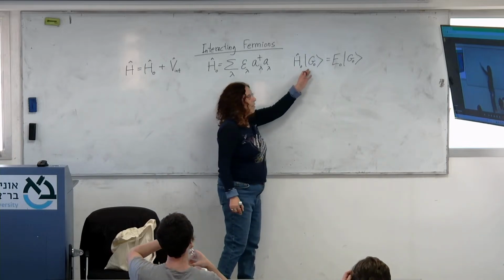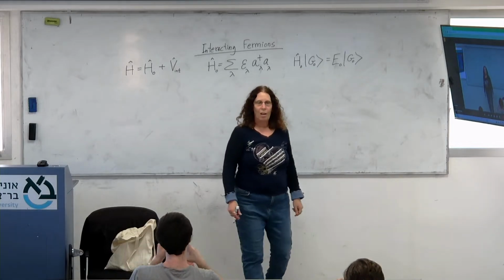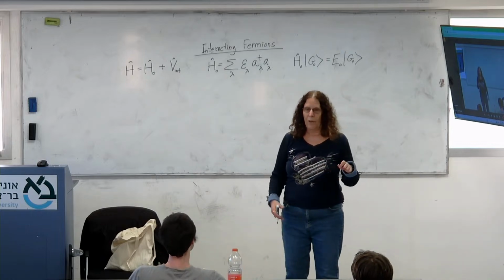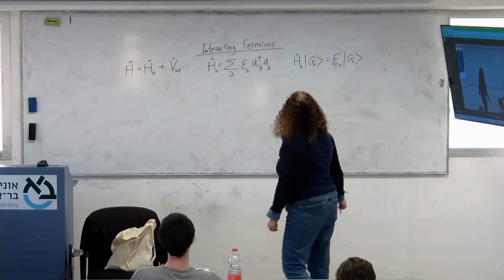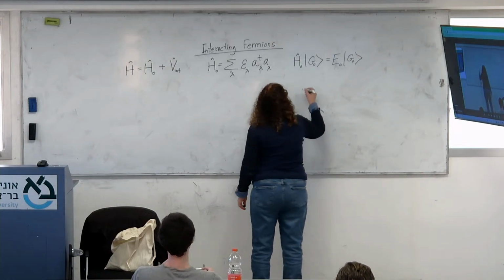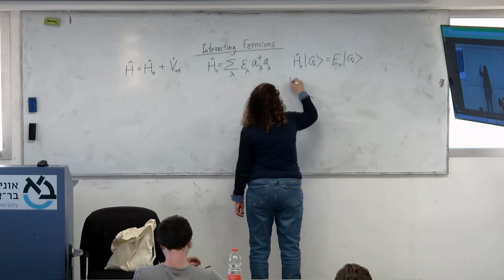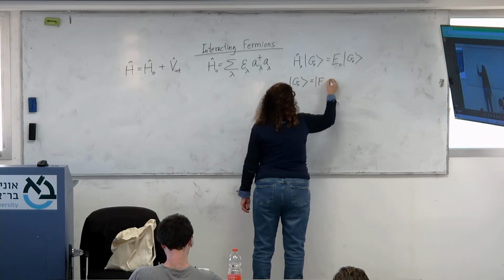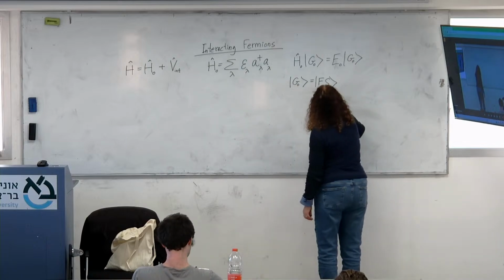We know what is the ground state. The ground state is just a state where all the energy levels are filled up to the Fermi energy. Okay? So in fact, you can write it in this way. G naught equals a Fermi C. This is short for Fermi C.